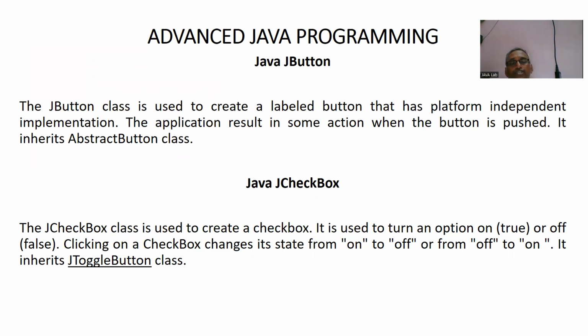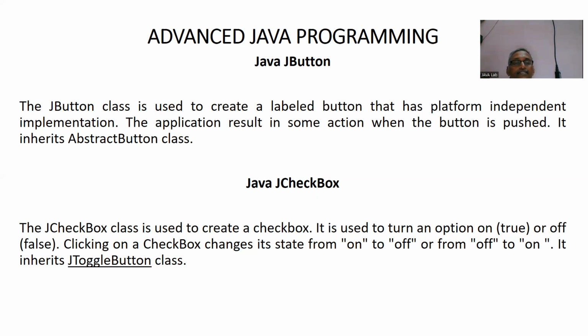JCheckBox class declaration: public class JCheckBox extends JToggleButton implements Accessible. Commonly used constructors are JCheckBox(), JCheckBox(String text), JCheckBox(String text, boolean selected), and JCheckBox(Action a). The first creates an initially unselected checkbox button with no text, no icon.